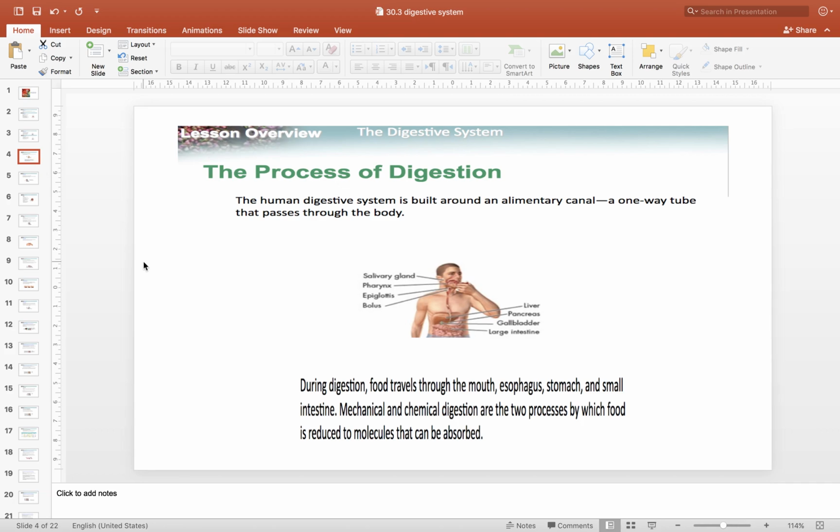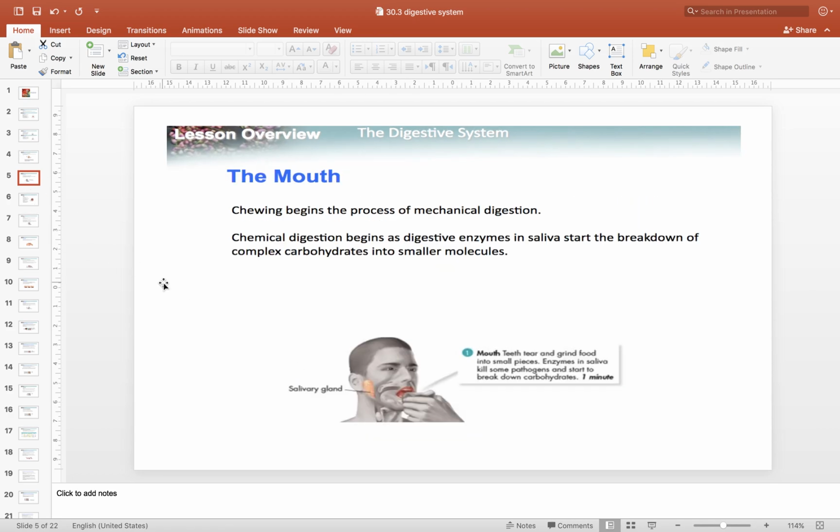So, for the process of digestion, the food has to enter the mouth and pass through a number of organs in which the food is mechanically and chemically digested. In the mouth, it's the beginning part of the chemical and mechanical process of digestion.